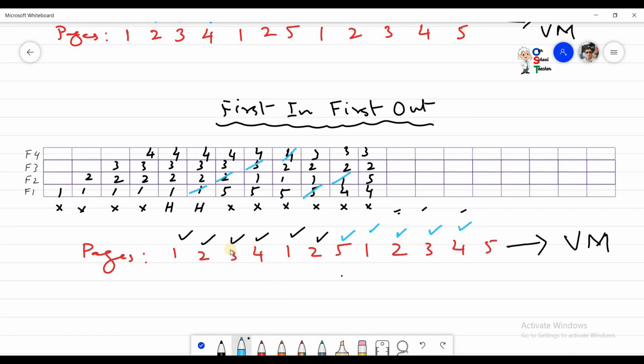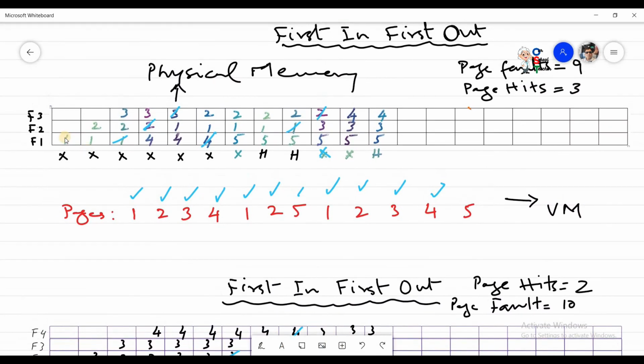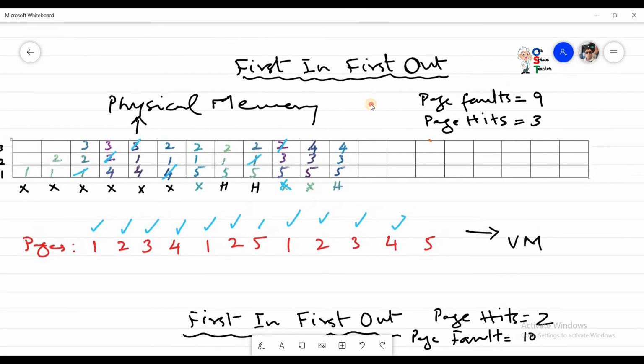Now let's see how many page hits and page misses we had. The number of faults is 10, and the number of page hits is only 2. While in the previous situation, where we had only 3 frames in the memory, we had 9 page faults and 3 page hits in the same situation.